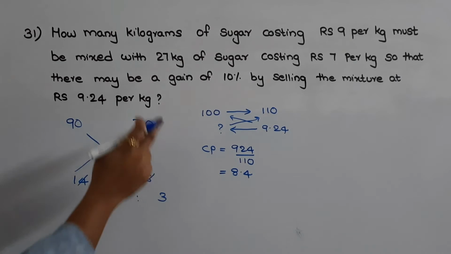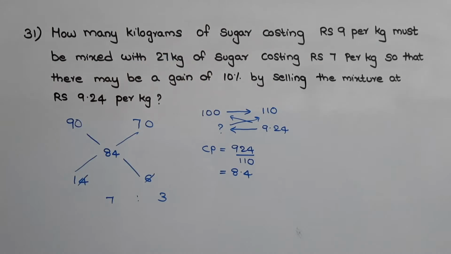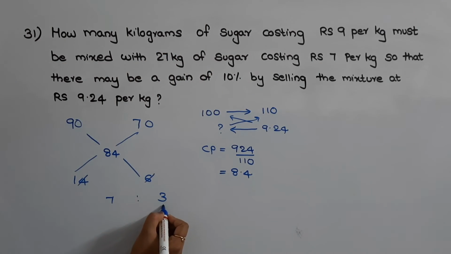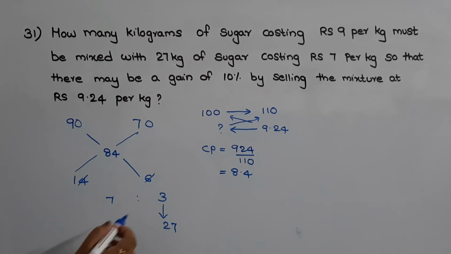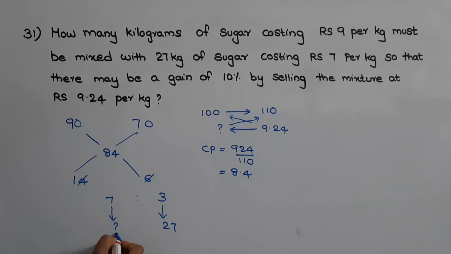So the quantity of the second type of sugar is given as 27, which means we can represent this 3 as 27. We need to find out the quantity of the first type of sugar. So if 3 can be written as 27, what will be the value of this 7? On finding this value, we will get the quantity of the first type of sugar.